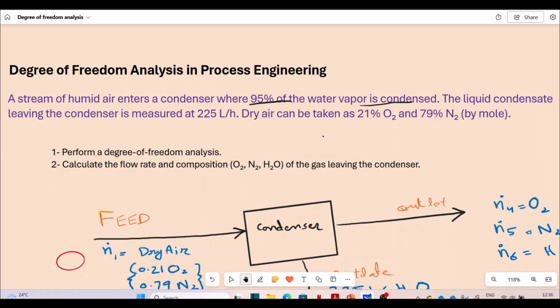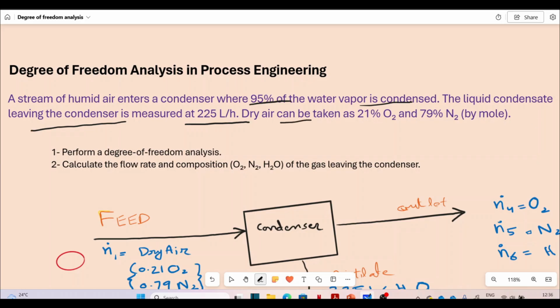So the humid air that contains a lot of water enters the condenser, and 95% of that water is condensed in the condenser. The liquid condensate leaves the condenser and is measured at 225 liters per hour. So the condensed water comes out of the condenser at this flow rate.